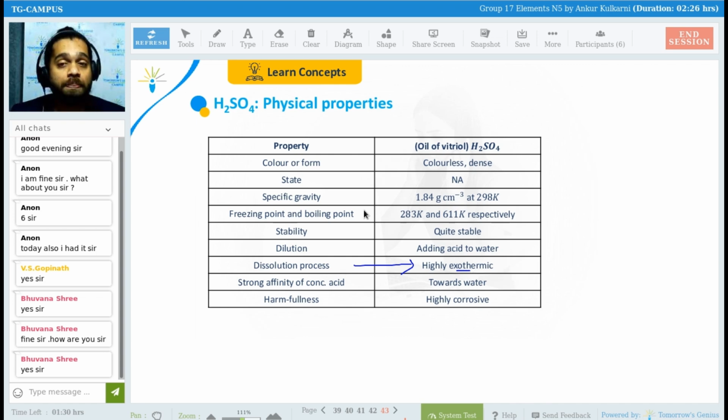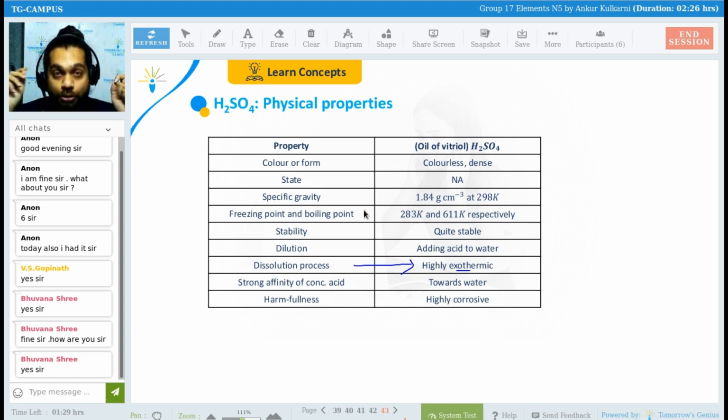As soon as he splashed water, what happened? Fumes came out from his face and all over his head. After some time, there were black spots on his face that stayed for at least a year or two. So the conclusion is that H2SO4 is highly exothermic.